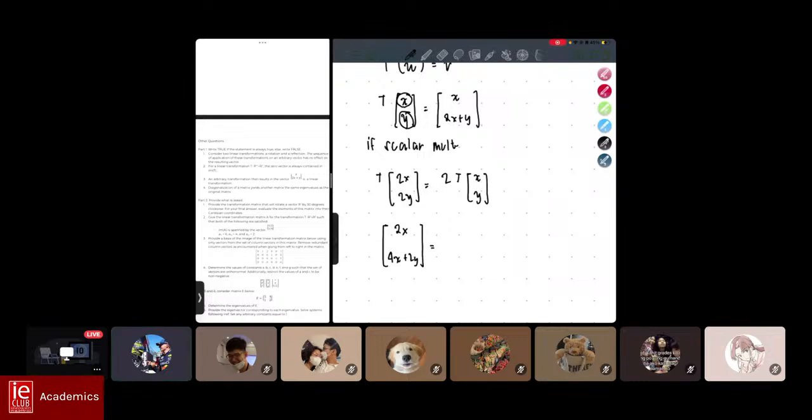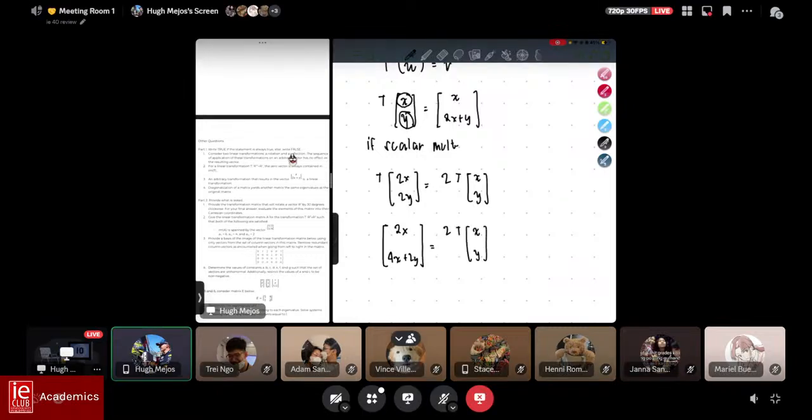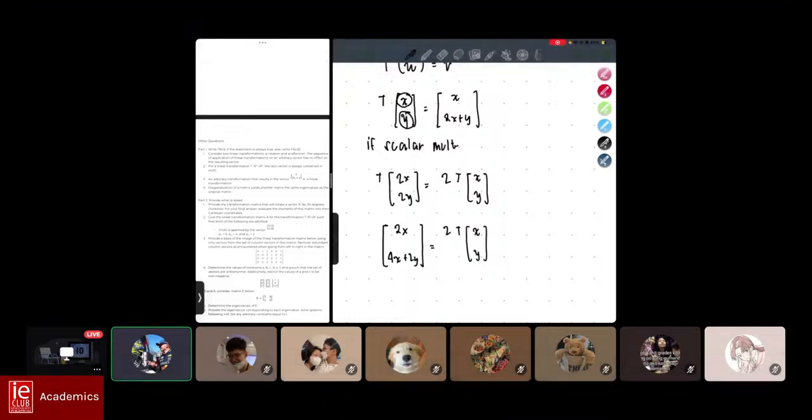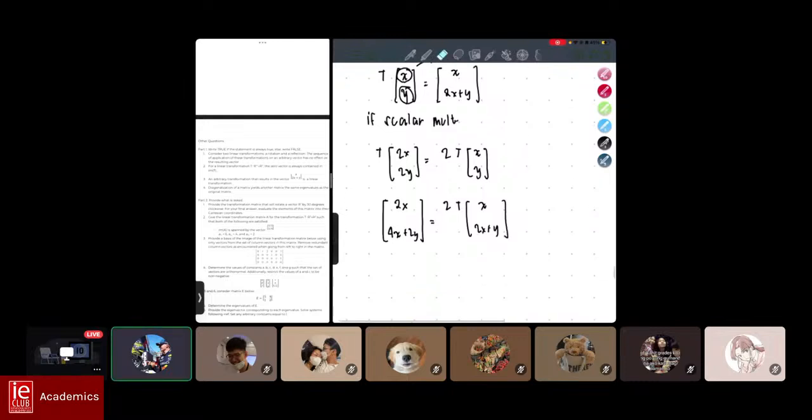And then we can do 2 times the transformation here. It says (x, y) just becomes (x, 2x + y). So it becomes this.